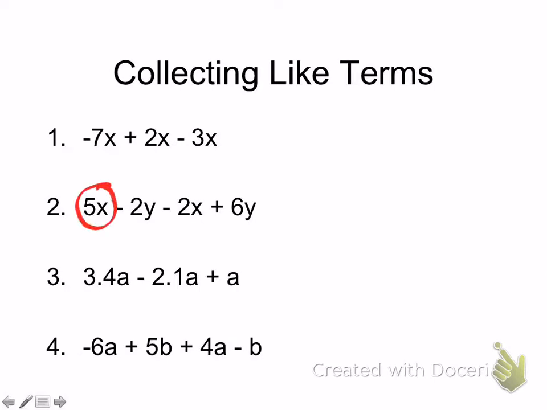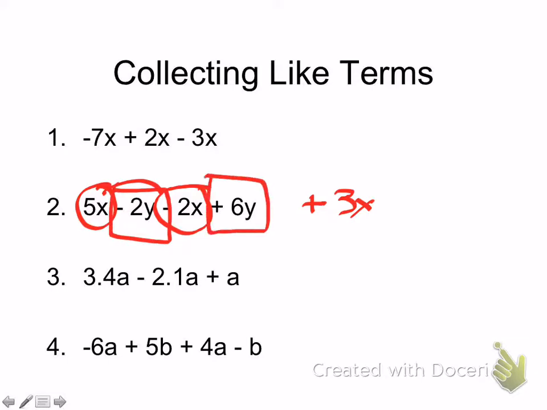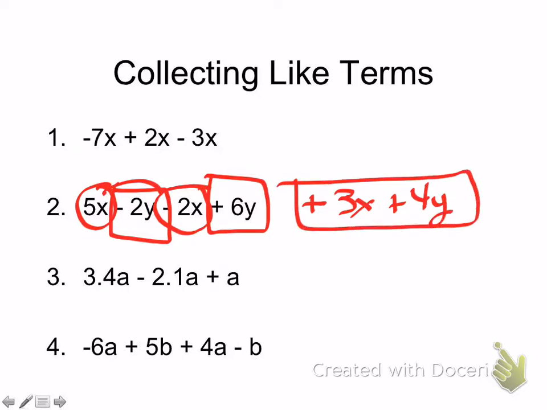One teacher made you circle them, and so then it becomes positive 3x. And sometimes people do different shapes. We have positive 4y. Okay? You guys good with that?